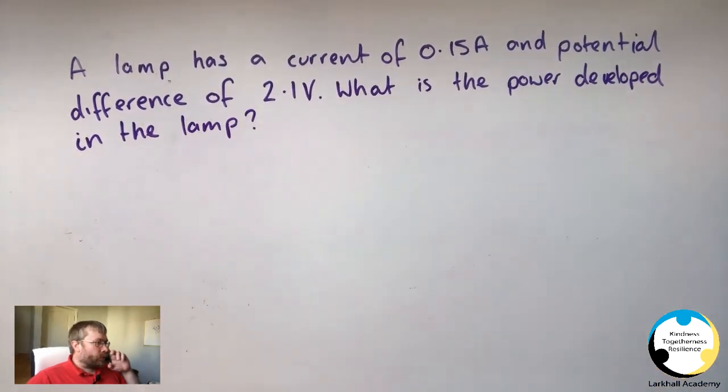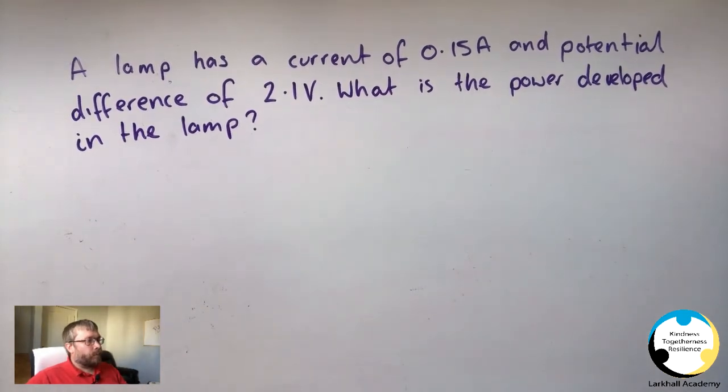Okay, so what do we want to do first of all? Well, I'd suggest that we highlight our important information that we've got in the question here. So what bits of information are important here?